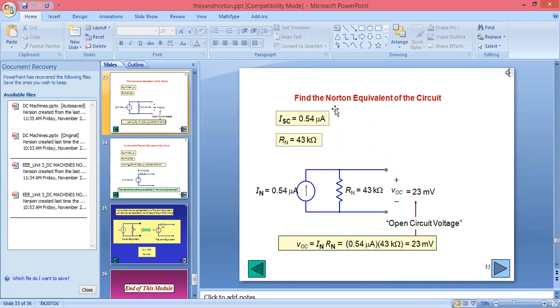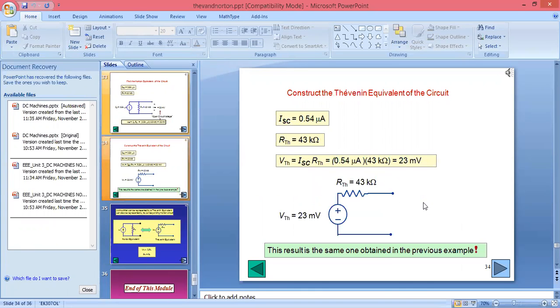As you derive the complicated circuit into a simple one, at that time there is one resistor and one current source, and these are parallel. So you can see that the current will flow entirely through this resistor. So you can directly calculate voltage according to Ohm's law, IR. You will get 0.54 microampere into 43. If you check, you will also get 23 millivolt. So here also you will get the same.